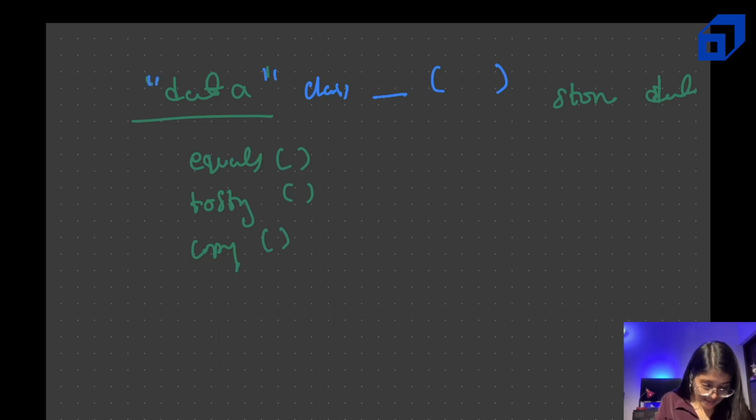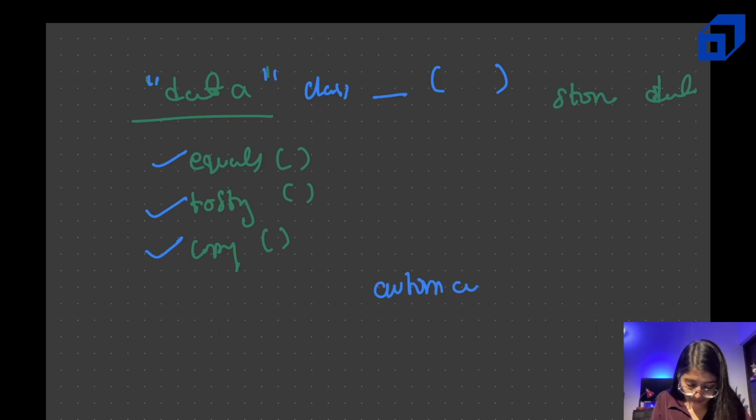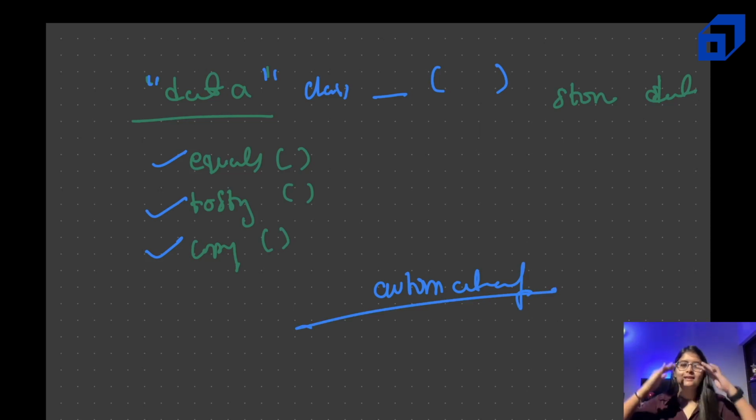And apart from that, in data classes you don't have to implement or create the functions like we used to do in Java: equals, toString, copy, etc. The compiler automatically creates these internally, and that's how it leads to clean space, fewer lines of code, and a beautiful experience of developing the application, of writing code in Kotlin.